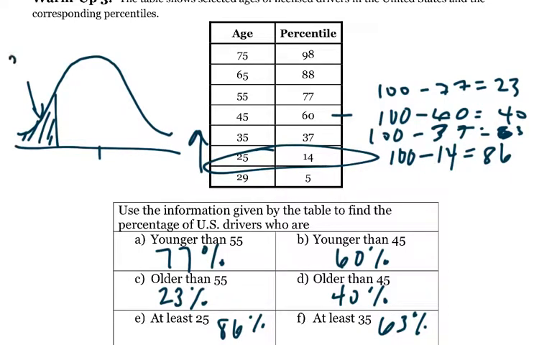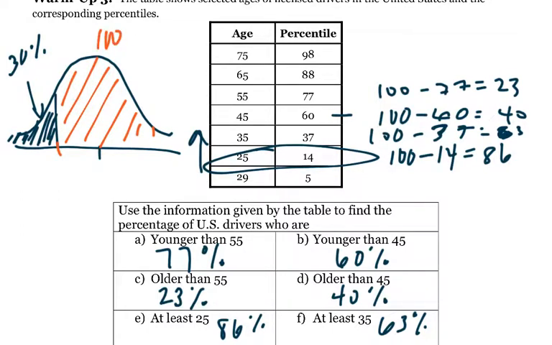So if this side is 30%, then my answer would be 30% if this is the side that we're looking for, the side of the z-score that we're looking for. However, if we're then looking for the other side, so what percentage of the data is higher than that z-score, that's going to be 100 minus 30%, which equals 70%.